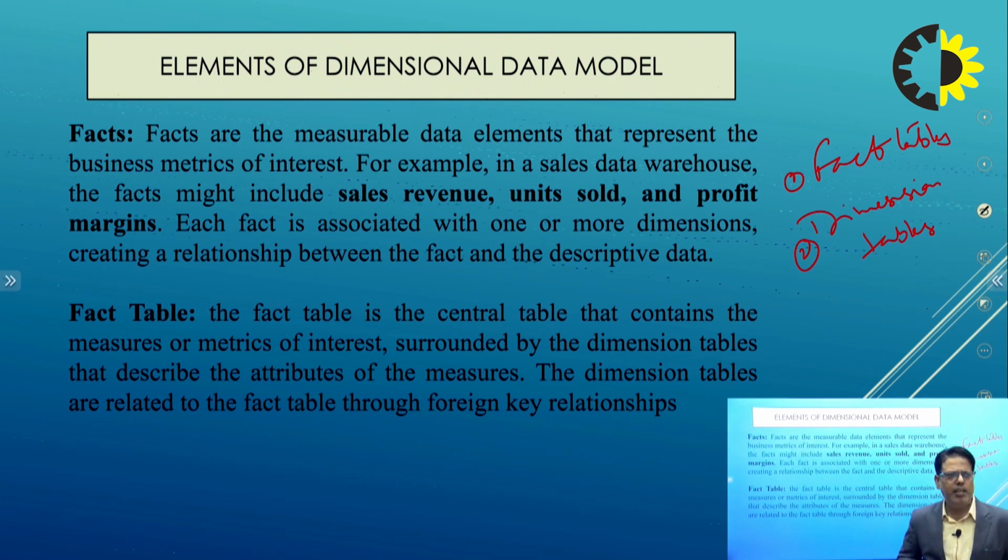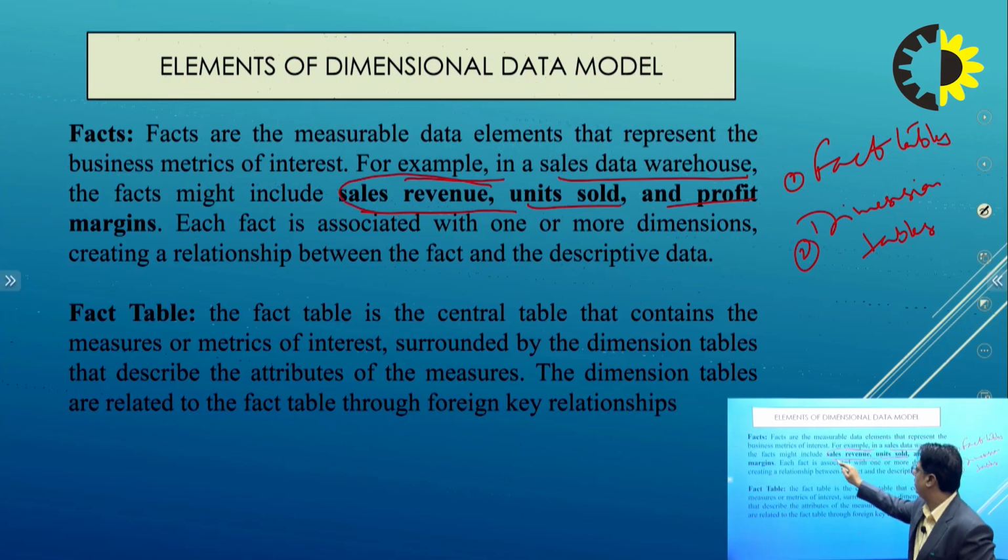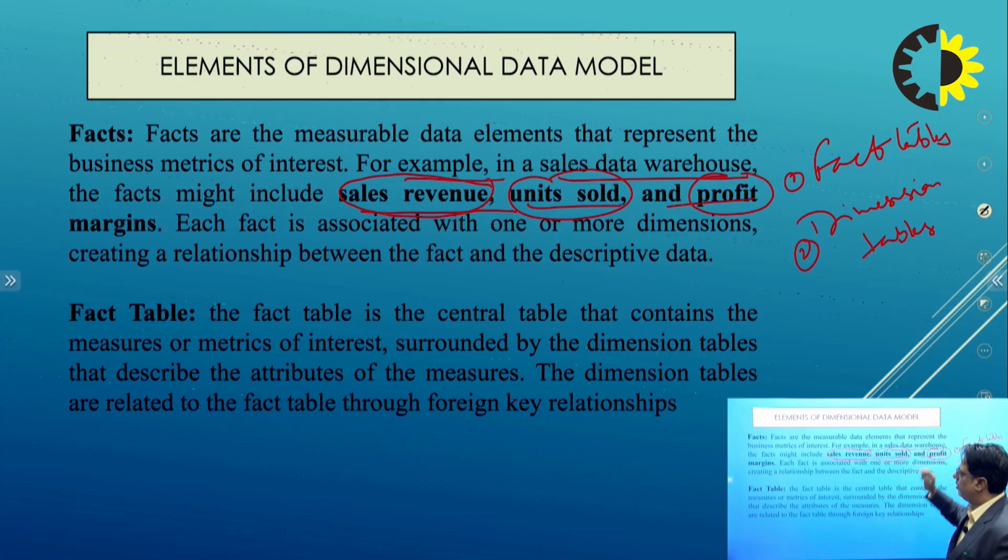Facts are the measurable data elements that represent the business metrics of interest. For example, in a sales data warehouse, the facts might include sales revenue, units sold, and profit margins. All these are in units and numbers. Each fact is associated with one or more dimensions, creating a relationship between the fact and the descriptive data.